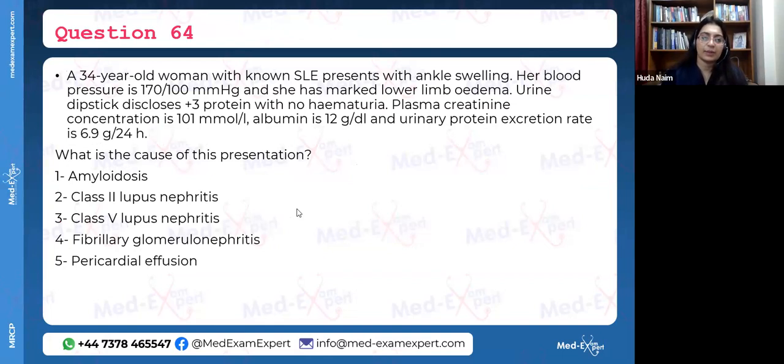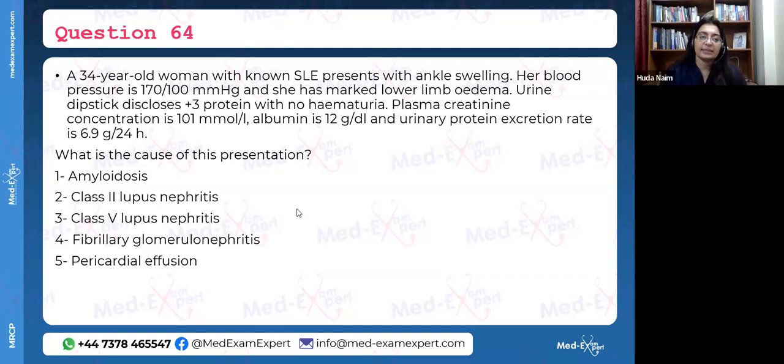Okay. The next one. So a patient with SLE has pedal edema, her plasma creatinine concentration is 101, but there's no hematuria.